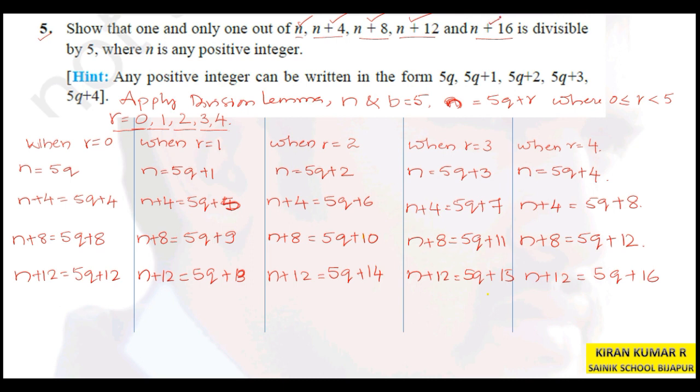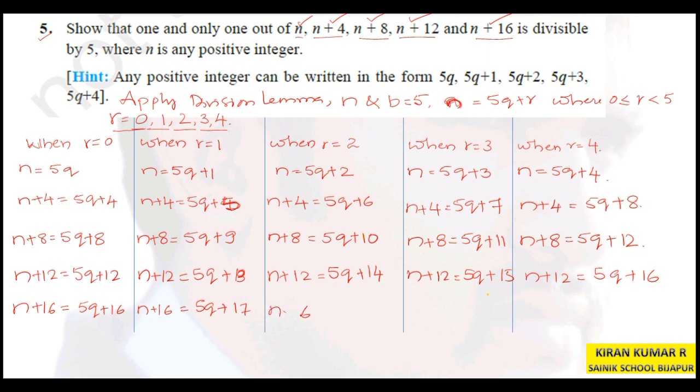Now we have to consider n plus 16. Let's take n plus 16. Find out for each of those remainders. When remainder is 0, n plus 16 will be 5q plus 16. When remainder is 1, n plus 16 will be 5q plus 17.